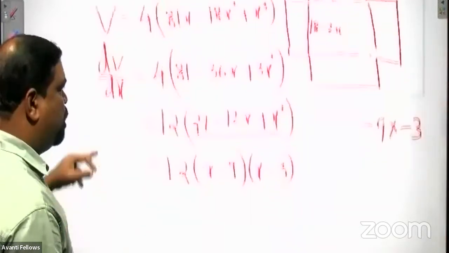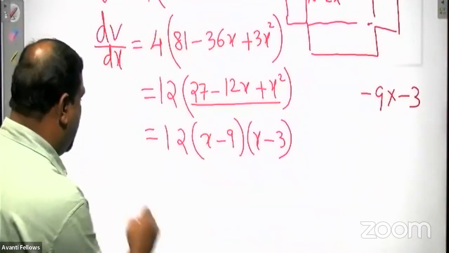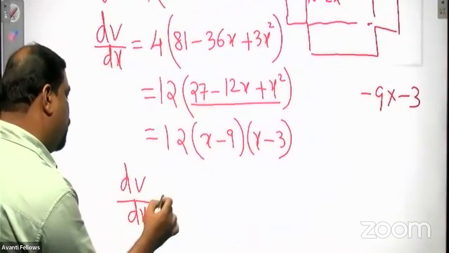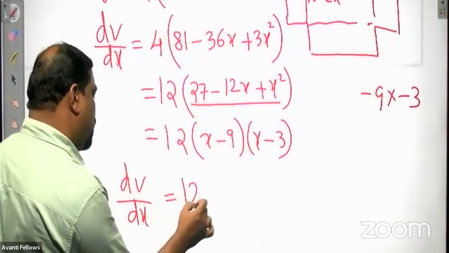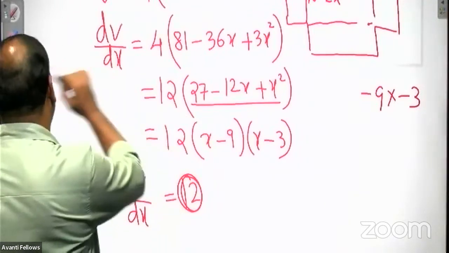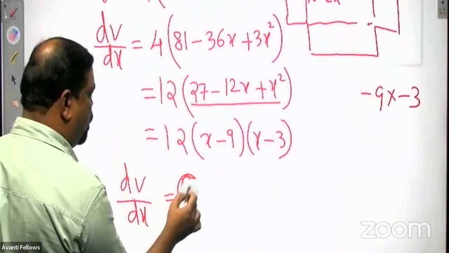Now what is the next step? Next step, dV by dx equals 0. The critical point we have to find out, okay? Where the function can be maximum or minimum, means dV by dx equal to 0.